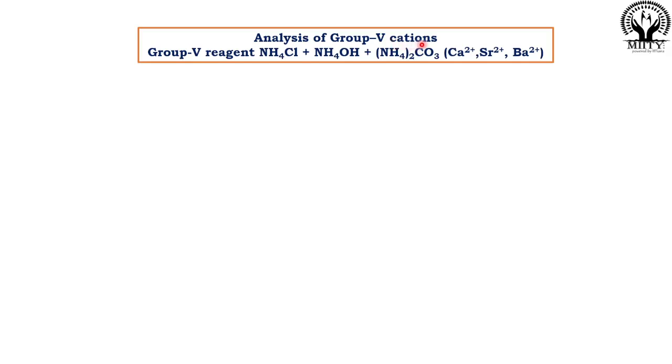Analysis of group 5 cations. The group 5 reagent is ammonium chloride, ammonium hydroxide and ammonium carbonate. Calcium, strontium and barium are the group 5 cations.